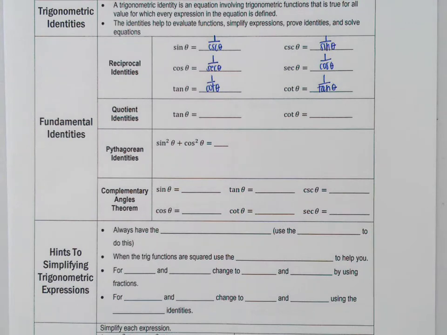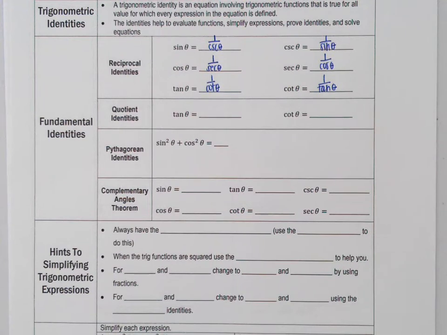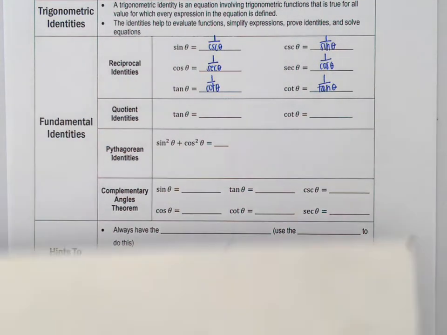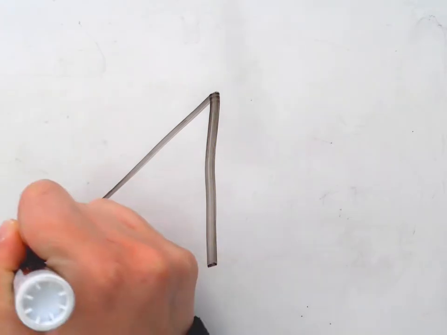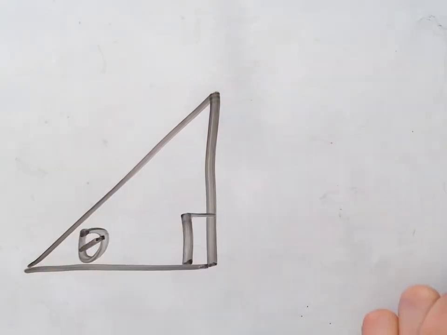Now for the next one, the quotient identities, I'm going to actually show you where this comes from. So tangent theta. Well, we know in a triangle, let's draw a triangle. Say we're looking at this angle.